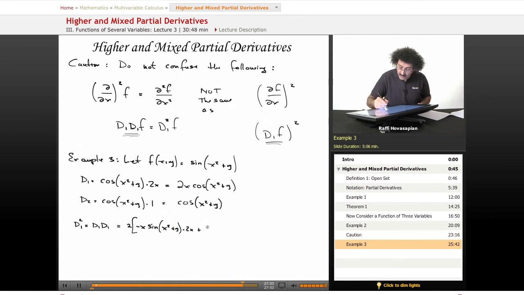Again, I pulled the 2 out. So it is cosine of x squared plus y. The idea is just be really, really careful and go really slowly. There's no hurry. The idea is to be right, not to finish quickly.